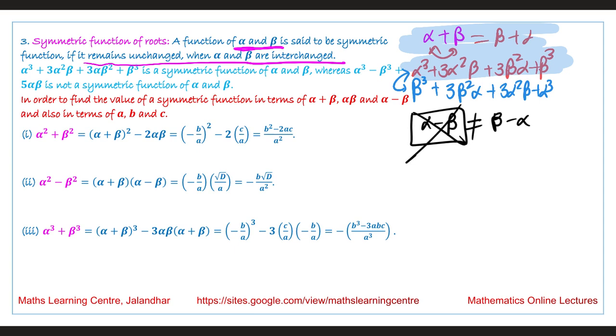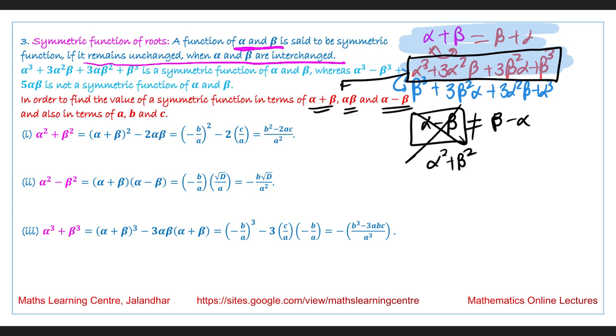So now what we have to do is write a symmetric function. Any symmetric function is given to us and we have to write it in the form of alpha plus beta, alpha into beta and alpha minus beta. The first symmetric function we are talking about is alpha square plus beta square. We can write the formula that alpha plus beta whole square is equal to alpha square plus beta square plus 2 alpha beta.